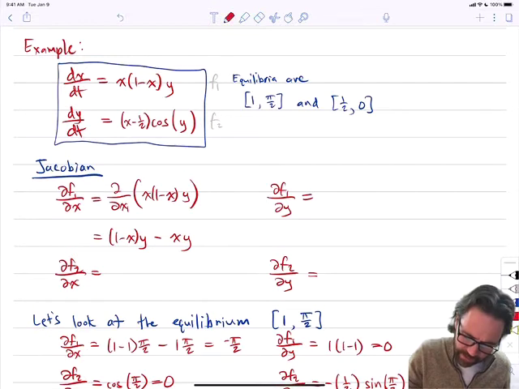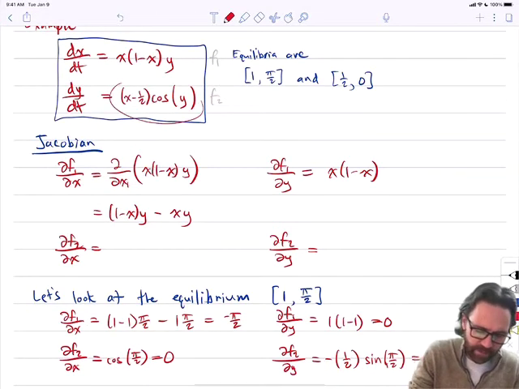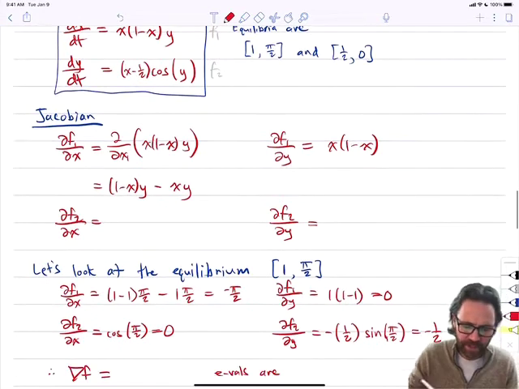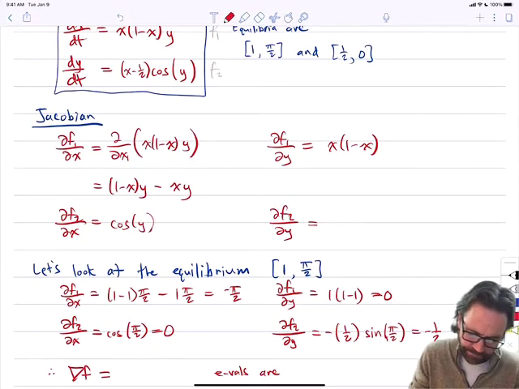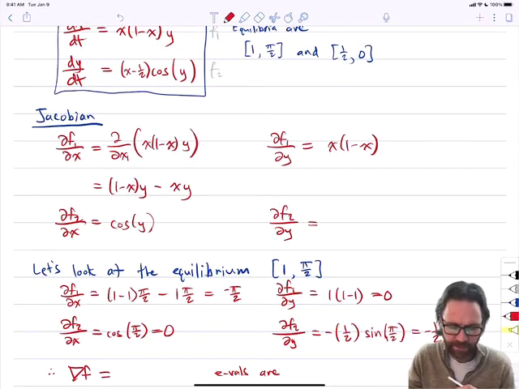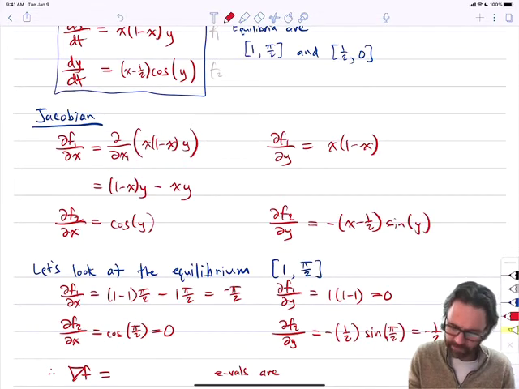Well, it's just x times 1 minus x. Okay, so moving along faster, the derivative of this next thing with respect to x is cos y. And the derivative of f2 with respect to y is negative x minus 1/2 sine of y.